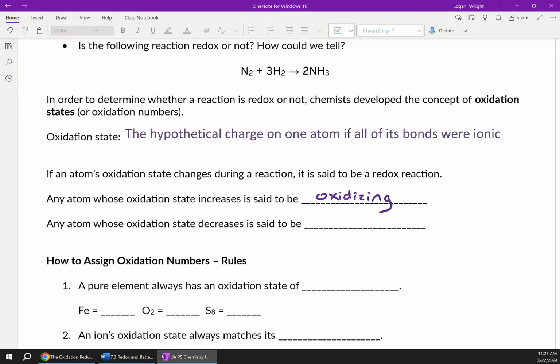An atom whose oxidation state decreases is said to be reducing. Most of the time with redox, you will be looking at oxidation states where the vocab just makes sense. Did oxidation go up? Then it oxidized. Did oxidation go down? Then it reduced. So that's the nice part.